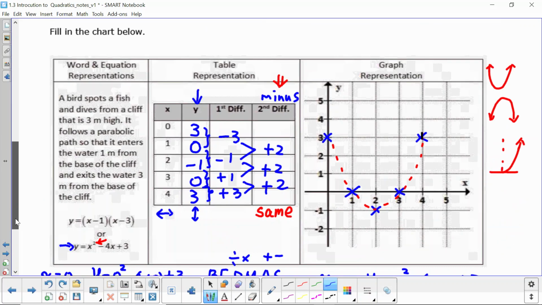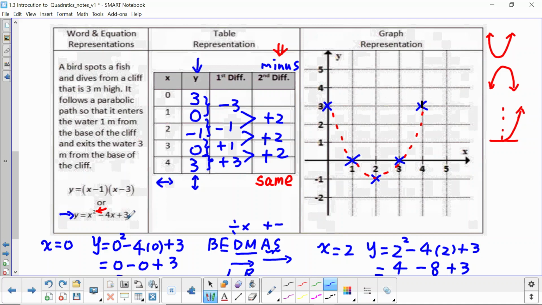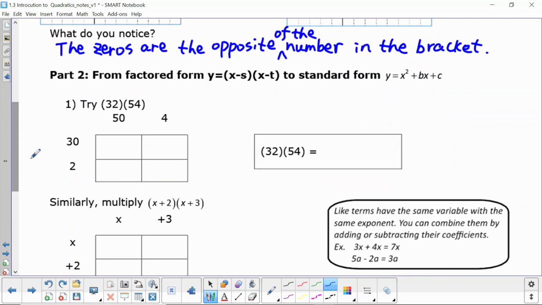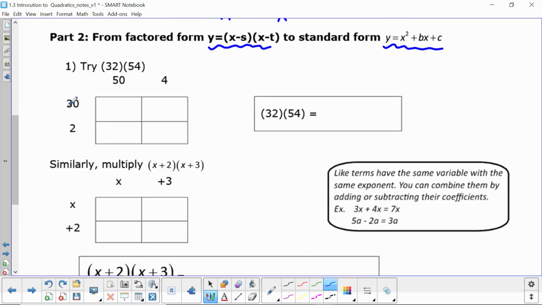So in part 2 we are going to see how to convert from the factored form to standard form. So we want to start with what we know before. We multiply two numbers together, 32 times 54.